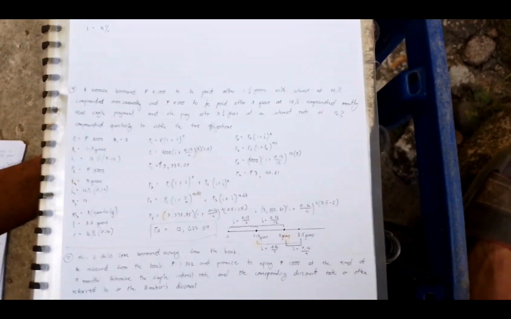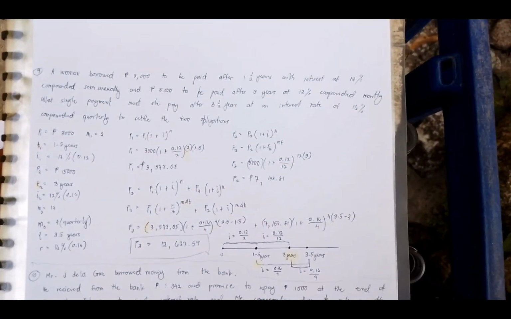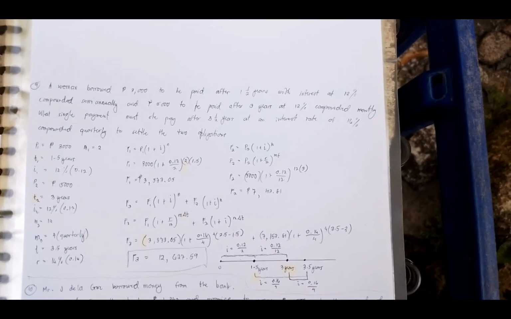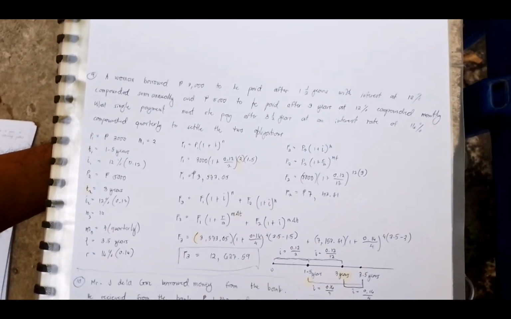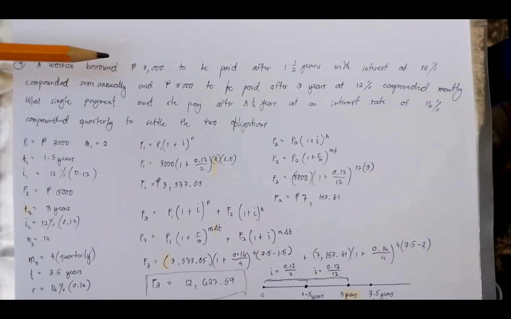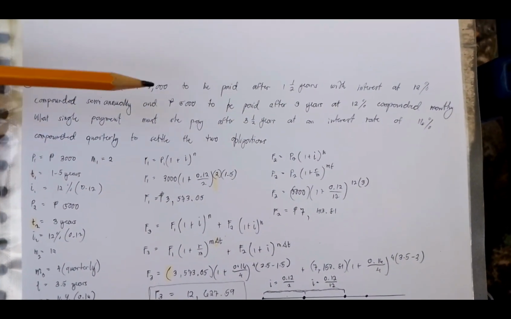So it's asking for how much she will pay in a single payment after 3.5 years. First, compute for F1 and F2.